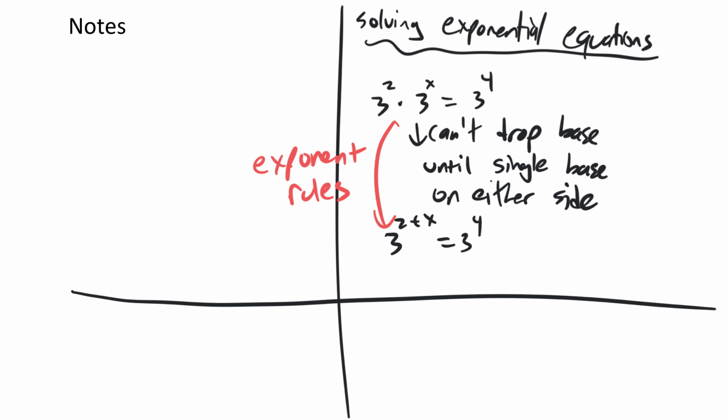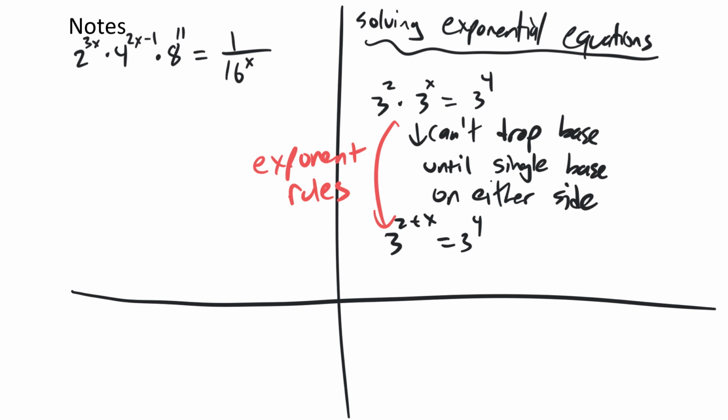Now, for an example here, let's say you had maybe 2 to the 3x times 4 to the 2x minus 1 times 8 to the 11 equals 1 over 16 to the x.